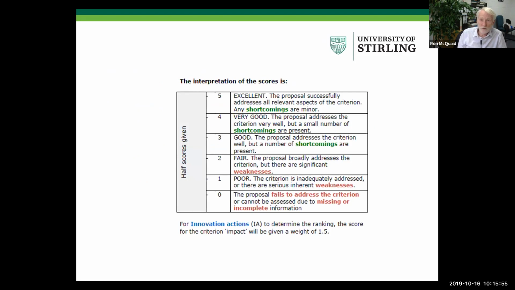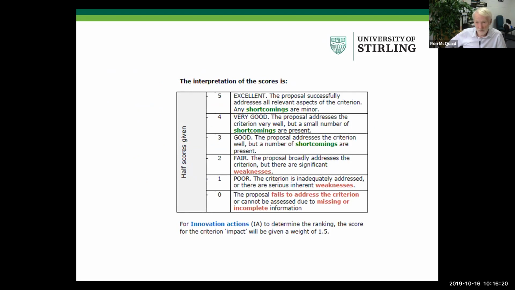For each of these 3 sections, you normally score from 0 to 5 using half marks as well, so 4.5, 3.5, etc. If you want to get funded, unless it's a call with very little competition, you are really looking at 4.5s or 5s for all of your 3 areas.